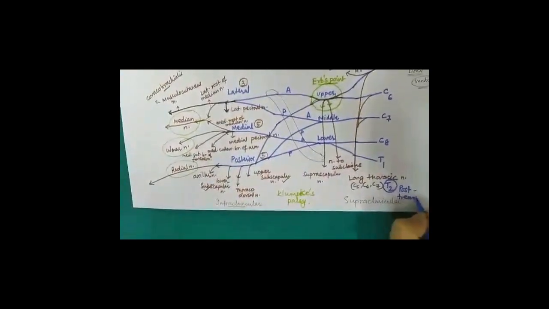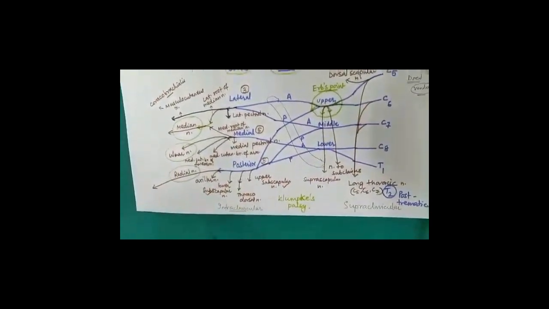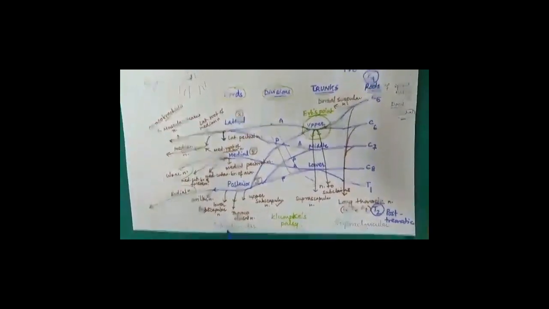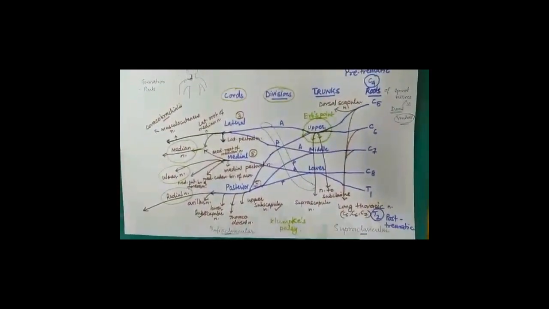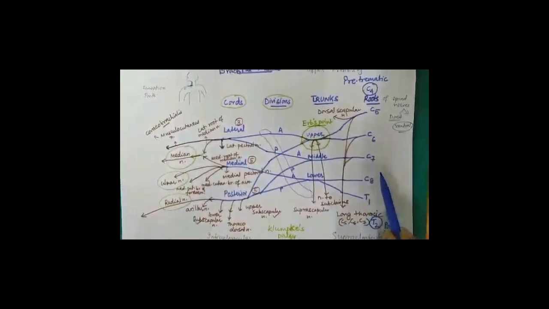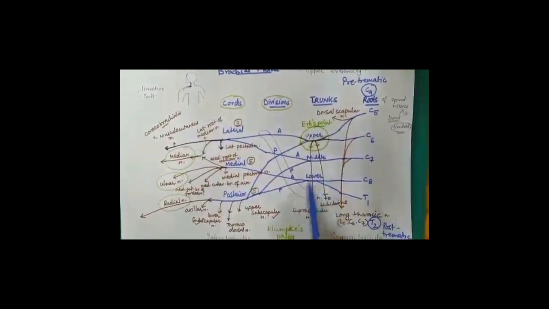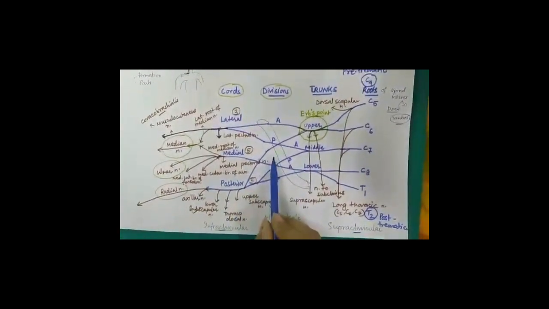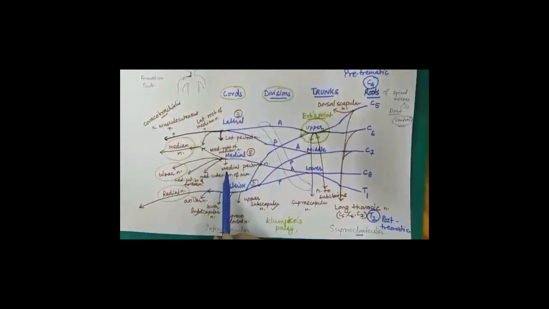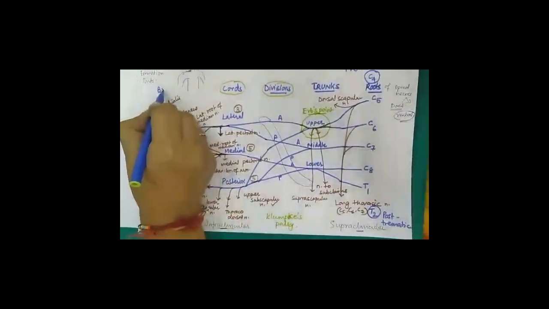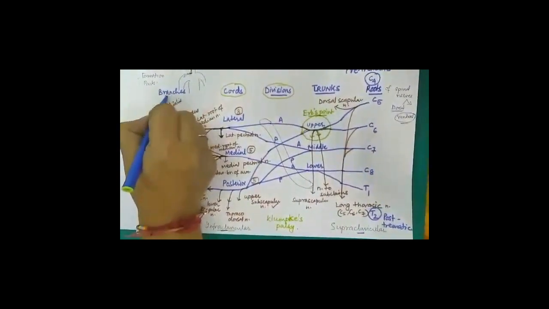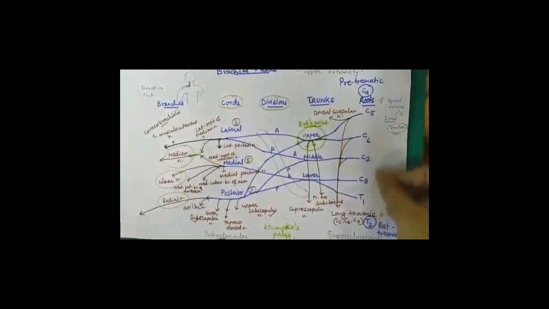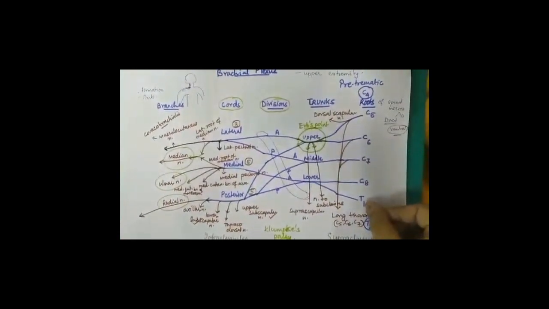post-fixed type. So I will just repeat: the brachial plexus has a supraclavicular part and an infraclavicular part. The supraclavicular part is made up of roots, trunks and part of divisions, and the infraclavicular part is made up of divisions, cords and branches. The roots are all ventral rami of the spinal nerves.